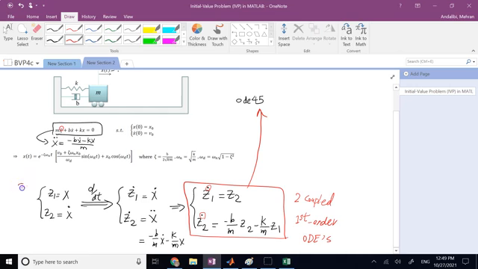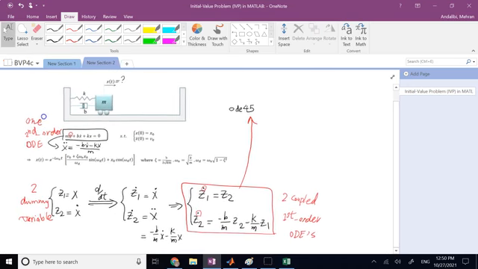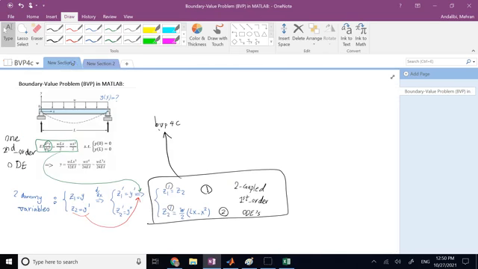We have two dummy variables. And we converted this one second order ODE into two first order ones that are coupled. So this is the first thing you have to do, right? You get a bunch of first order ODEs.